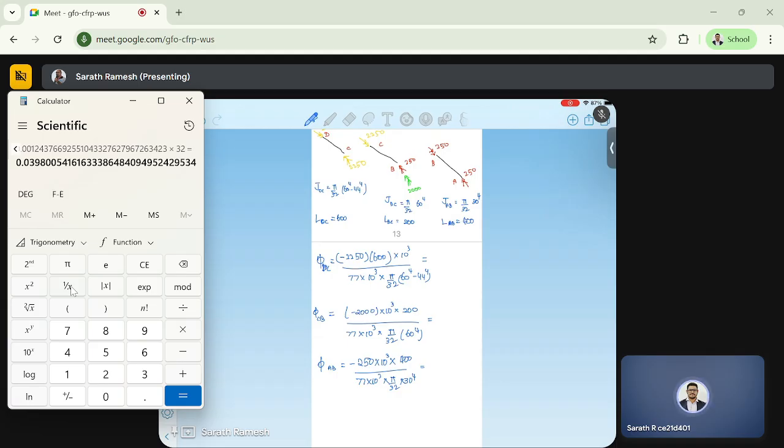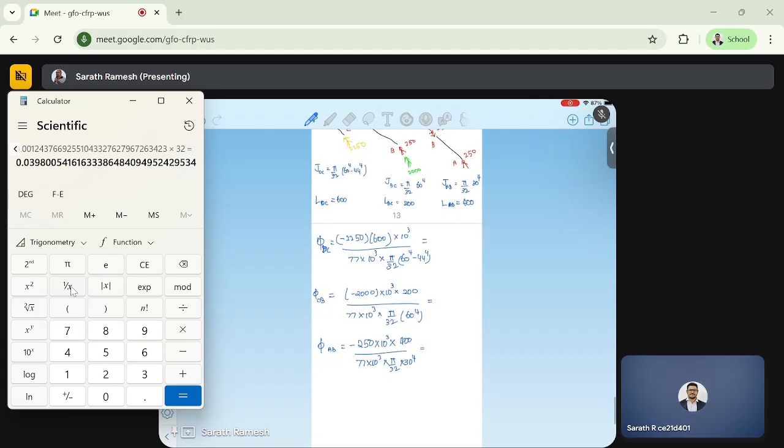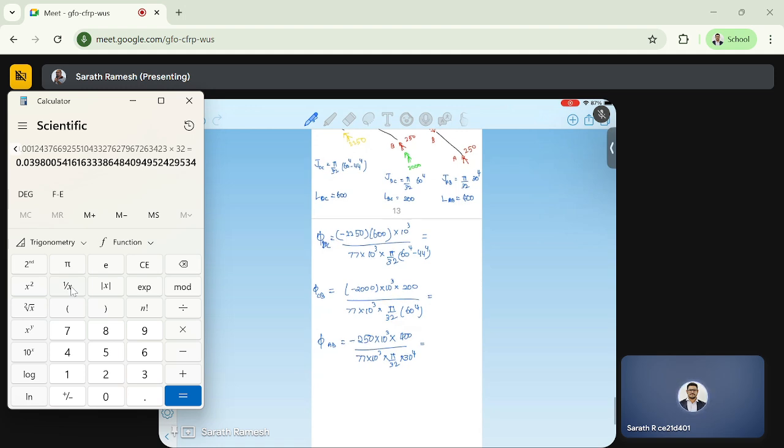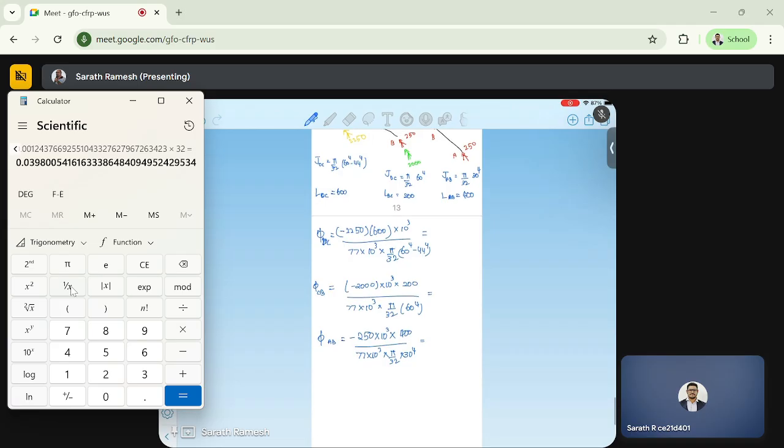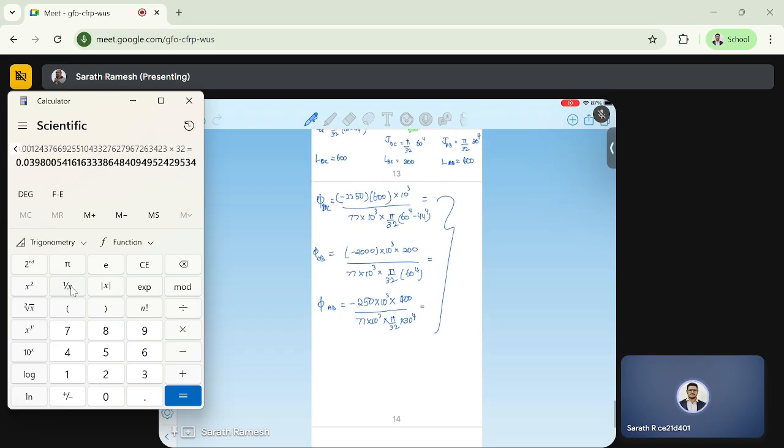So I'm getting ultimately 0.0398. There may be an error in the computation.